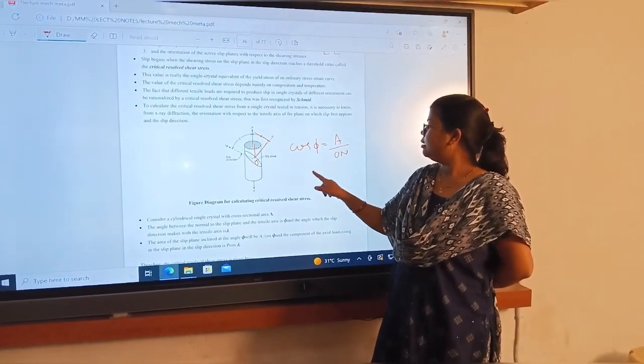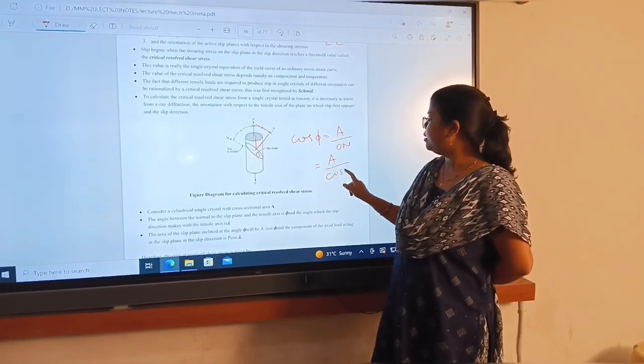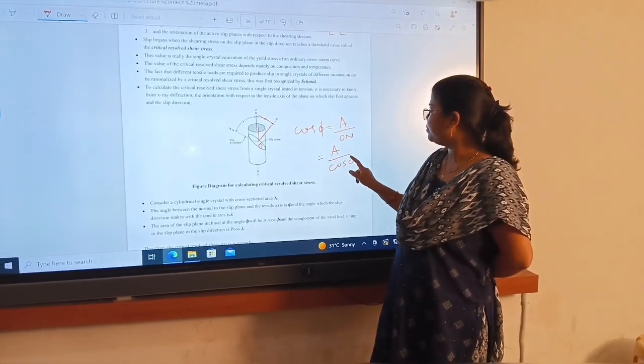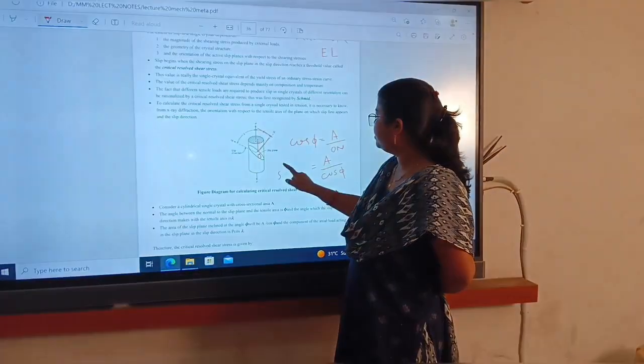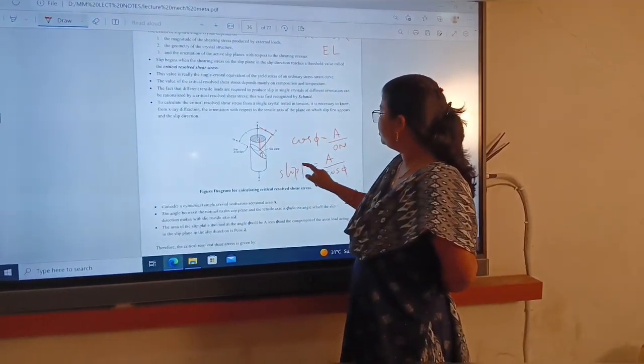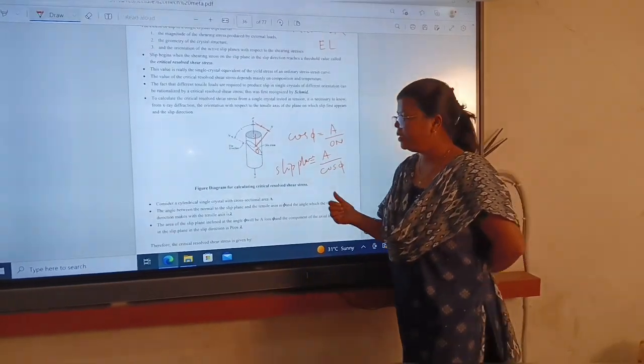It means A divided by cos phi is the section of the slip plane. So here is the slip plane.